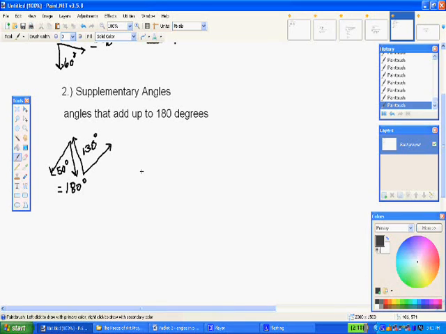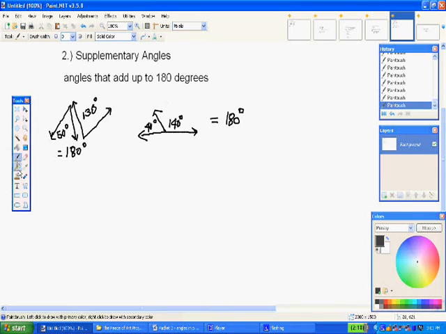Again, you might see two angles that share a side and a vertex. So for example, if this was 40 degrees, and this is 140 degrees, together they equal 180 degrees. And these angles are also supplementary to each other. A special type of supplementary angles are called linear pairs.